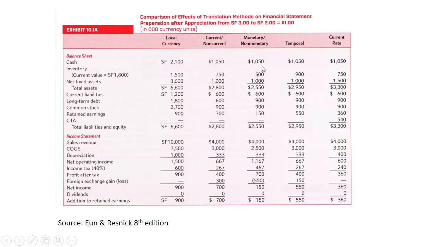In the monetary non-monetary approach, since this is a non-monetary item, they're using the historical exchange rate of 3 for 1, so 1500 divided by 3 is 500. In the temporal approach, they're taking the current value of the inventory and using the historical rate of 3, so they get 900. And then in the current rate method, they just simply use the current rate on the 1500.